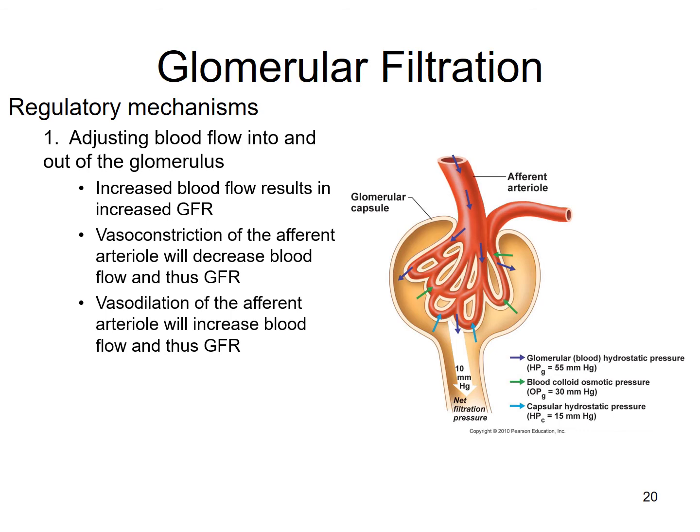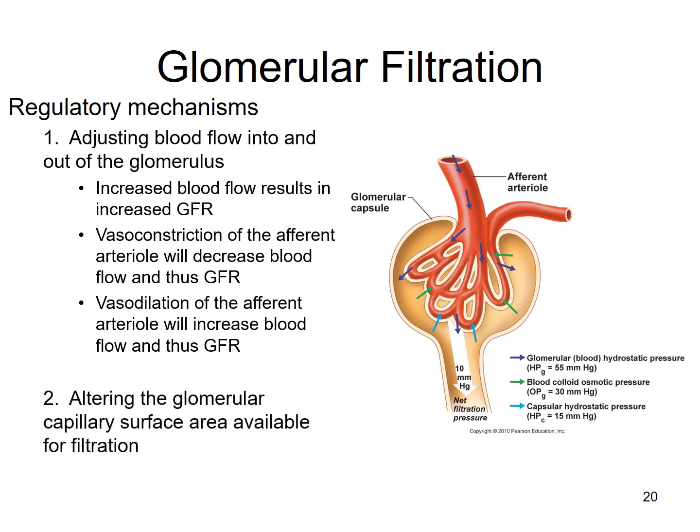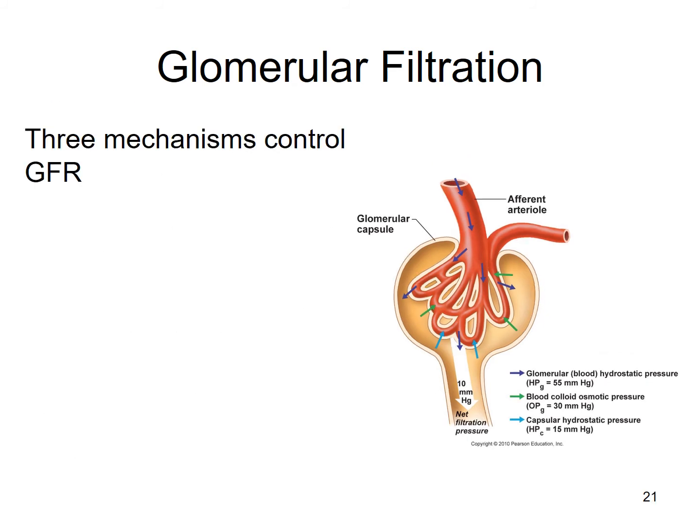That would increase your net filtration pressure to 15 millibars and thereby increase the rate at which filtration occurs throughout the entire kidney. So you can accomplish this by vasodilating the afferent arteriole. If you alter the glomerular capillary surface that's available for filtration, this can also help regulate glomerular filtration.